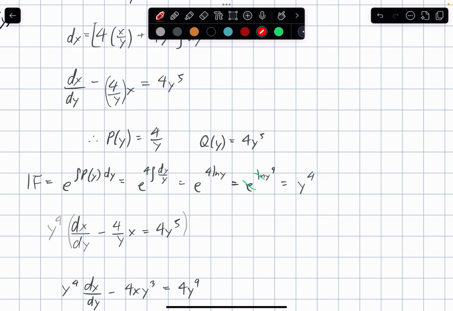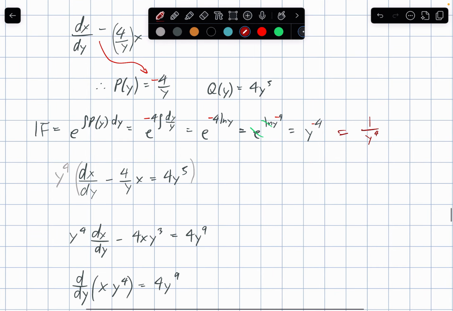Oh no, I keep forgetting the minus sign. My bad. So that's supposed to be 1 over y raised to 4.